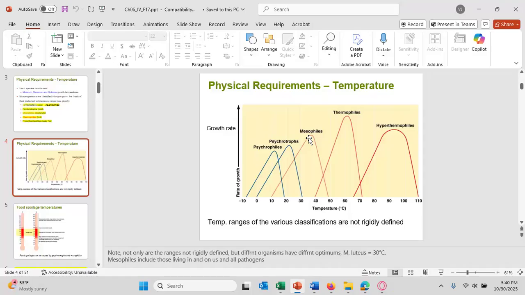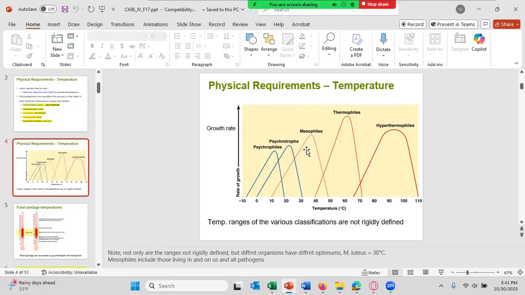You can find it growing out in the yard or something, and actually very seldom would it ever get to be 30 degrees, but on a hot summer day, it could get up to 30 degrees Celsius. My point is Micrococcus luteus, even though its optimum growth rate will happen at 30 degrees, we still call it a mesophile. Any question about any of that?